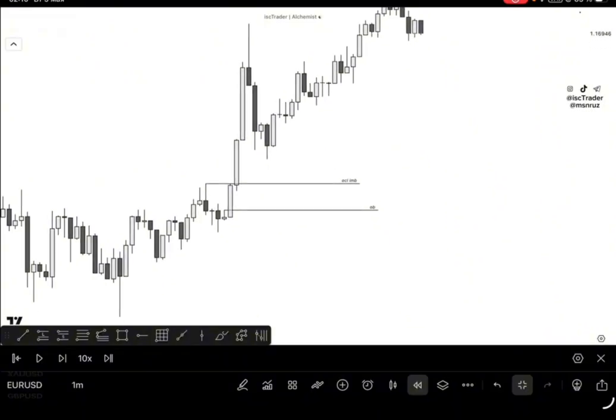Alright, now if the market reaches our zone, we need to get confirmation to enter a trade.